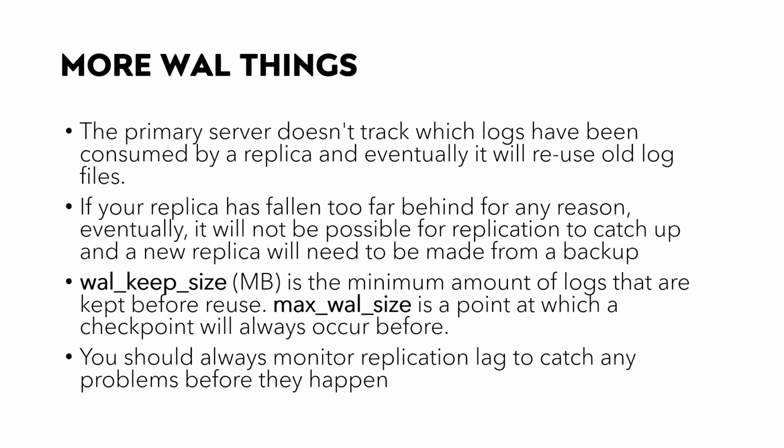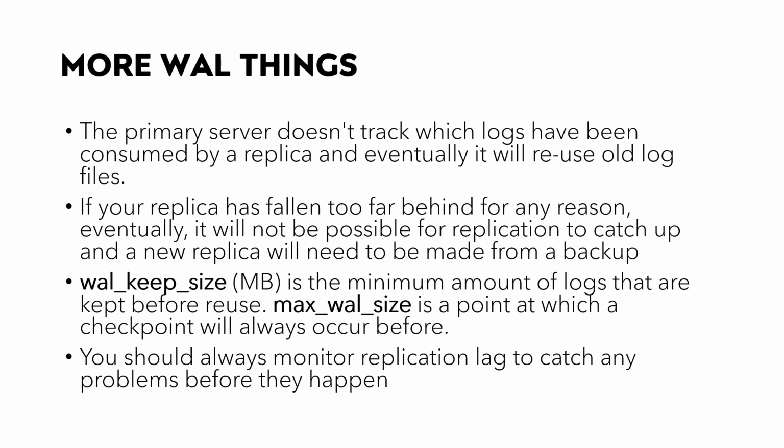Well, it's an issue because if the replica stops streaming those logs, or if it falls too far behind, then eventually the primary is going to reuse the old log file again for a new set of logs, rather than just creating new ones all the time. Obviously, there isn't unlimited disk space, so it's going to keep a certain amount of logs.